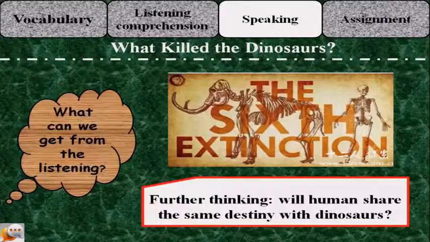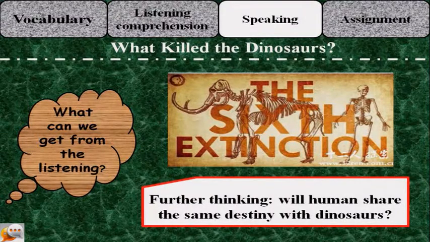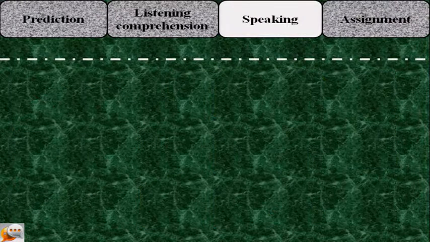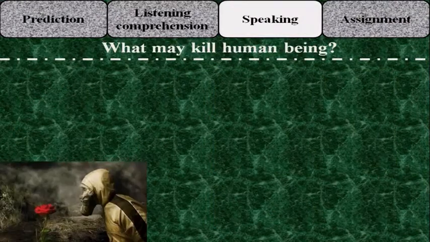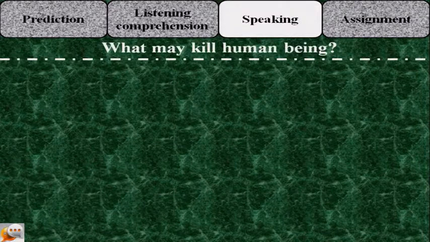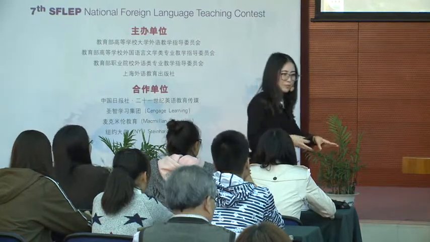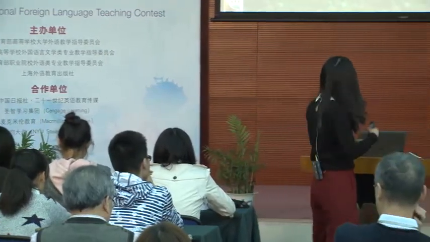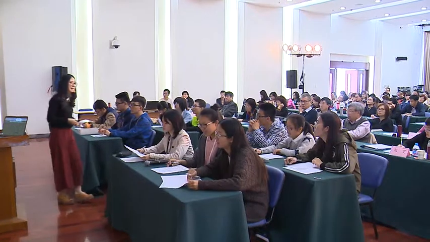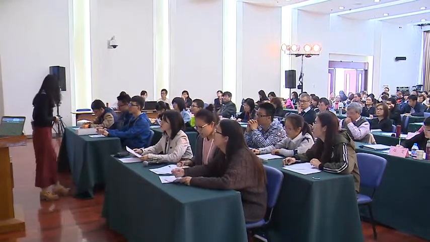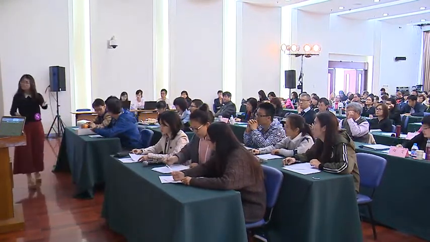So, the further question, will humans share the same destiny with dinosaurs? Okay? So, what may kill human beings? What may kill human beings and why? Okay? So please discuss with your partners again and try to think about what are the reasons that may kill human beings. All right? Yeah, thank you.